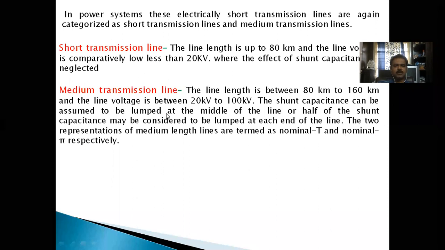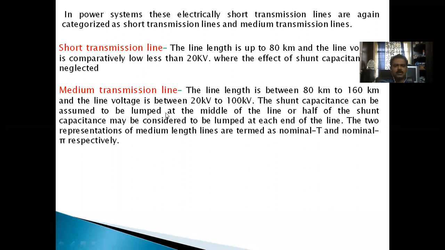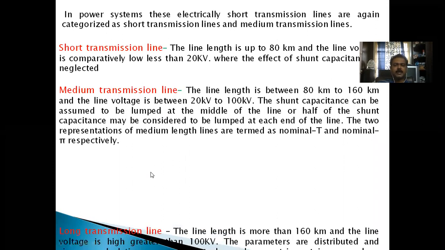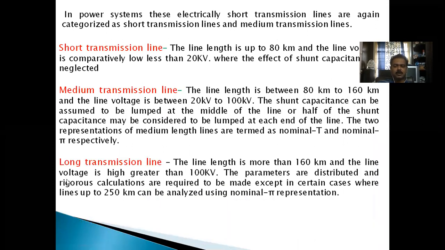So in case of a medium transmission line, we can use either the nominal T model or the nominal pi model to get the efficiency and regulation, or the performance evaluation, of a medium transmission line.